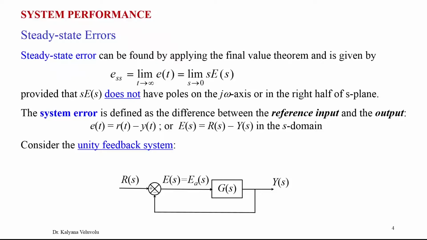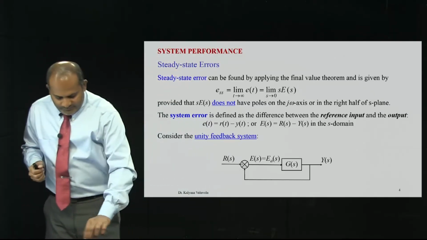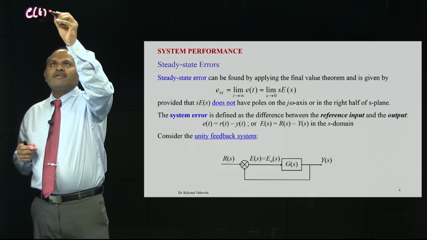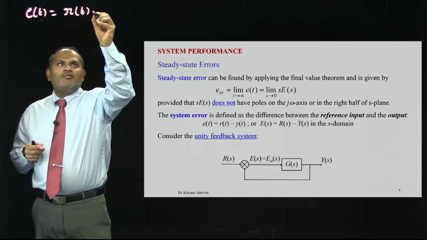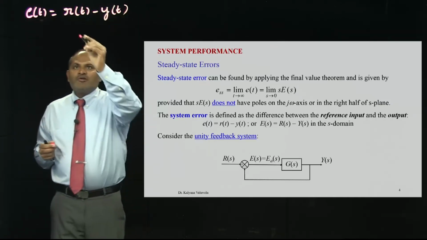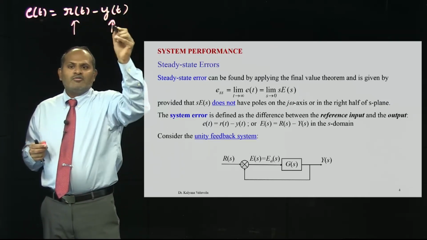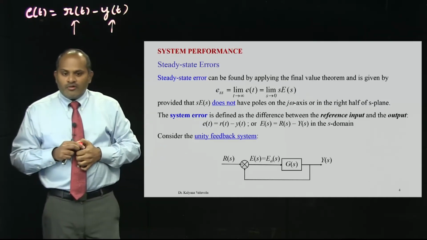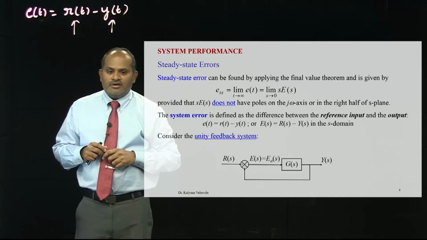The error is defined as the difference between the reference and the output: e of t equals r of t minus y of t. We get the output, calculate the difference, and based on the error dynamics, we say how good the system is.